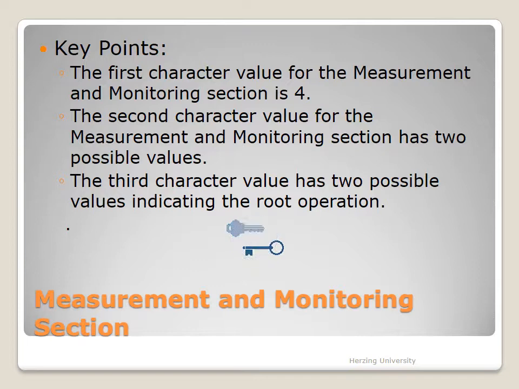You could have A for physiological system or B for physiological devices. The third character value also has two possible values, which indicate the root operation. You have measurement and you have monitoring.